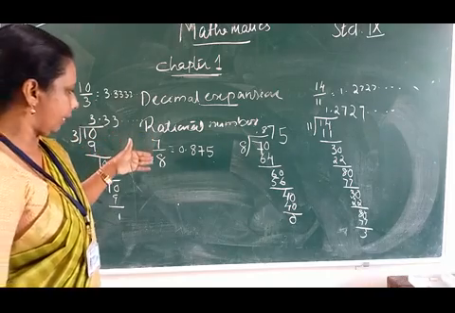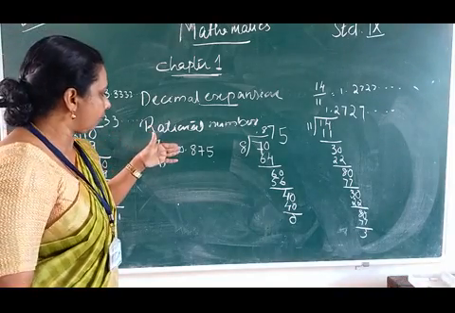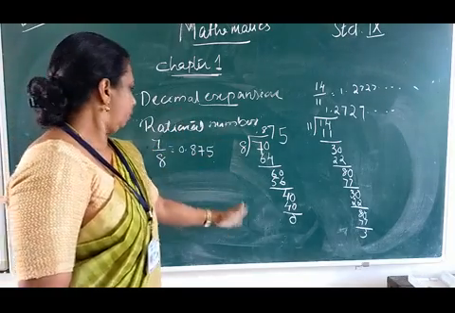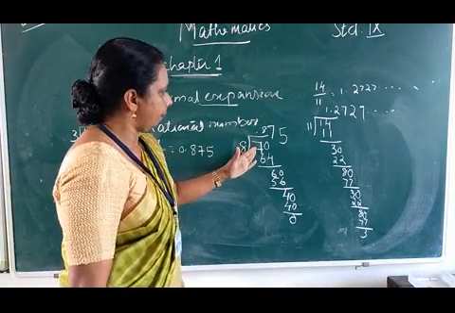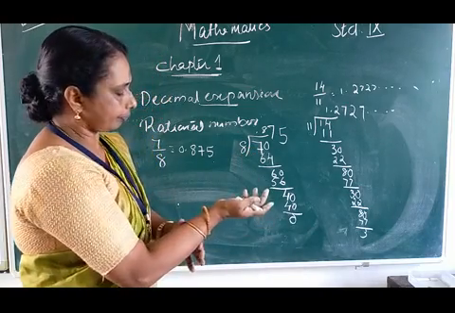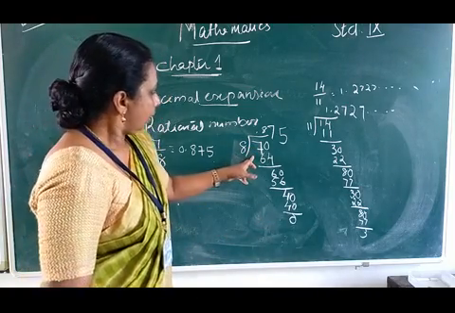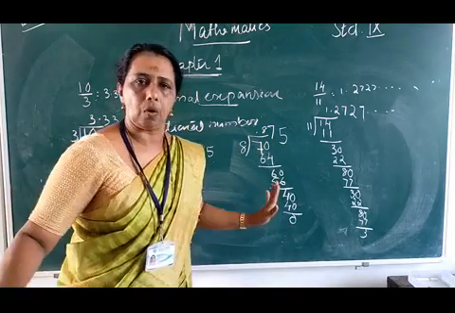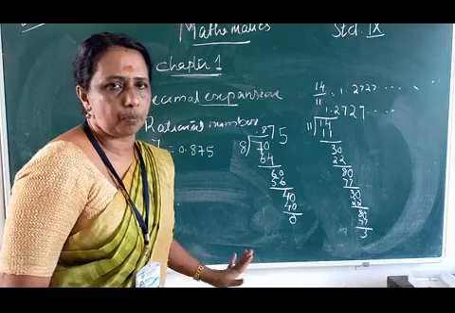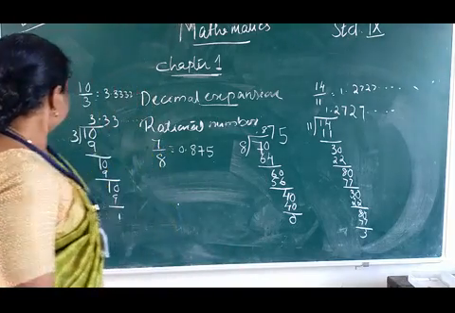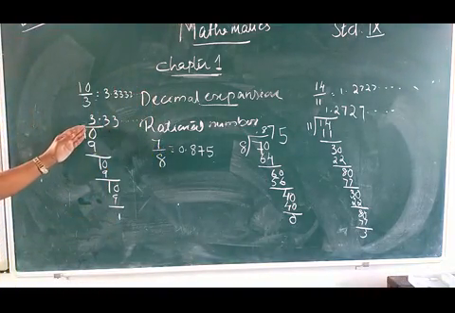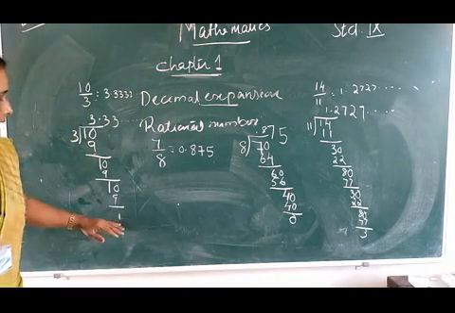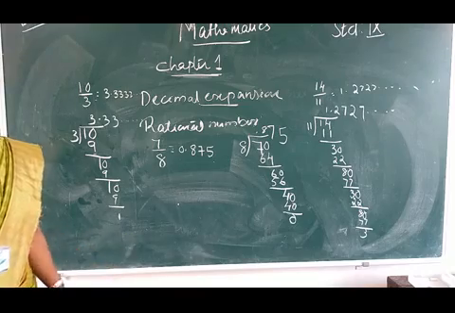So three types of rational numbers I have brought here. The first one is 7 by 8. Its decimal expansion is 0.875. In this division, numerator divided by denominator, after 3 digits the remainder becomes 0 and the division stops. Second, the digit after the decimal is repeated after 1 digit and the remainder never becomes 0.